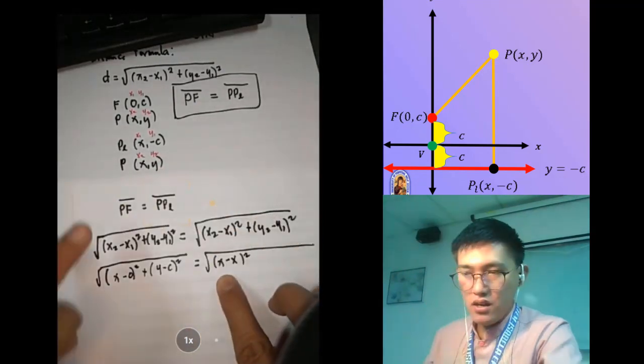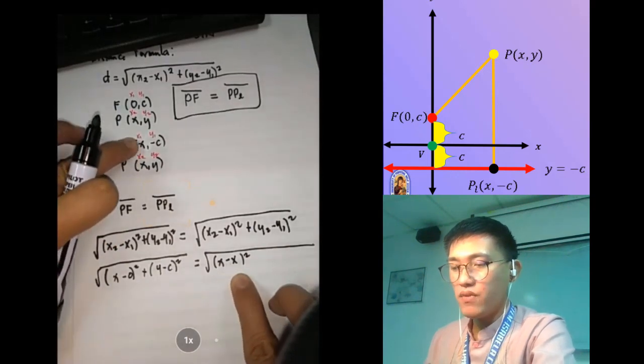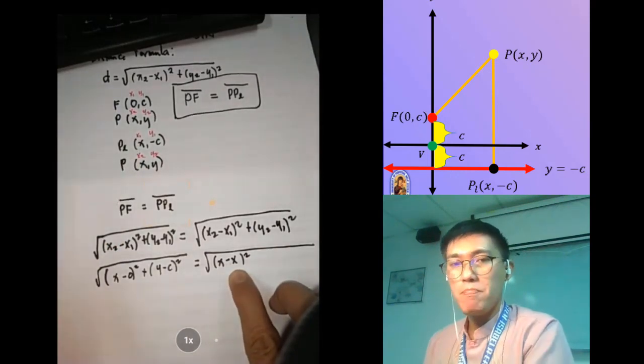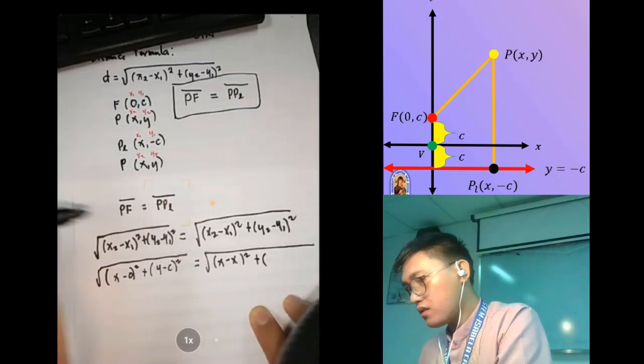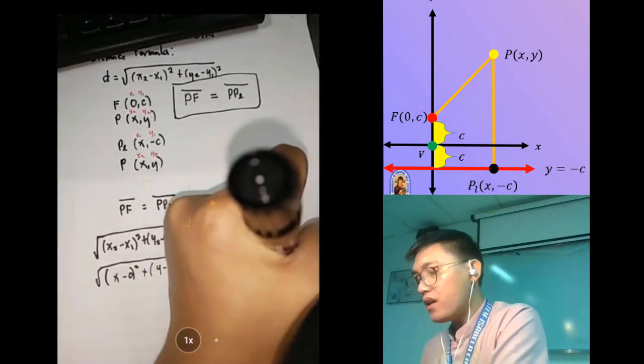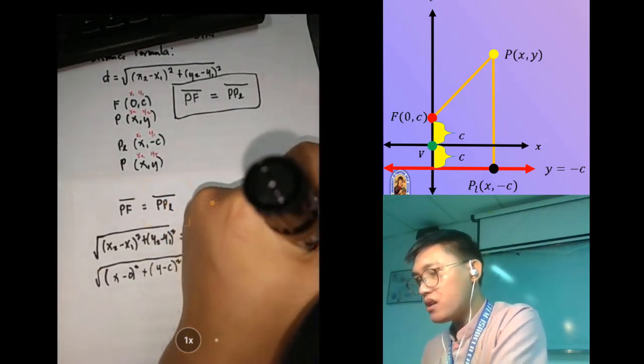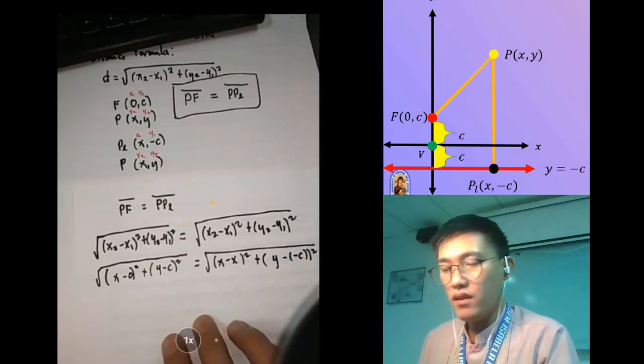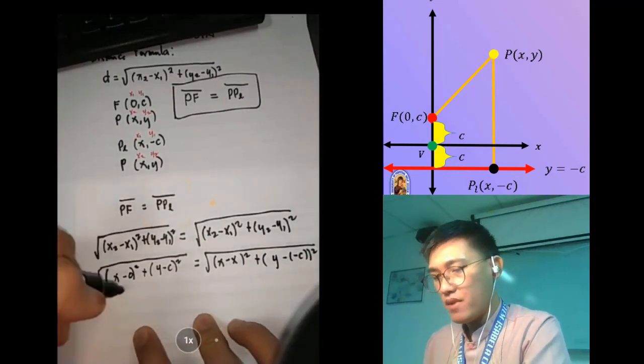X here is x sub 2 and another x for x sub 1, plus y minus negative c squared. Then let us simplify them.